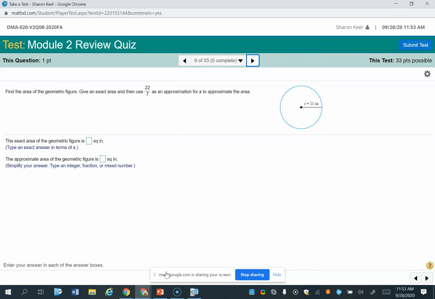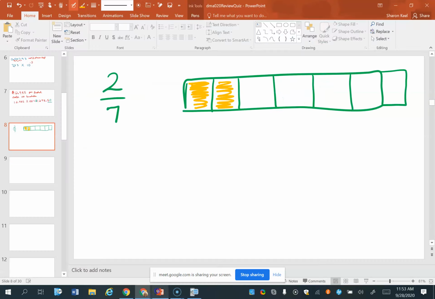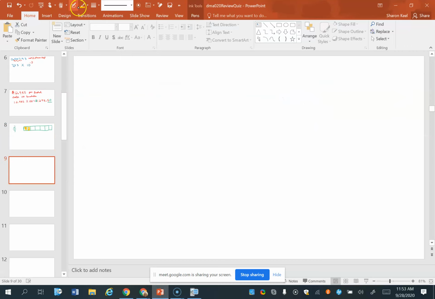Find the area of the geometric figure. Give an exact area and then use 22/7 as an approximation for pi to approximate the area. So we have a circle.